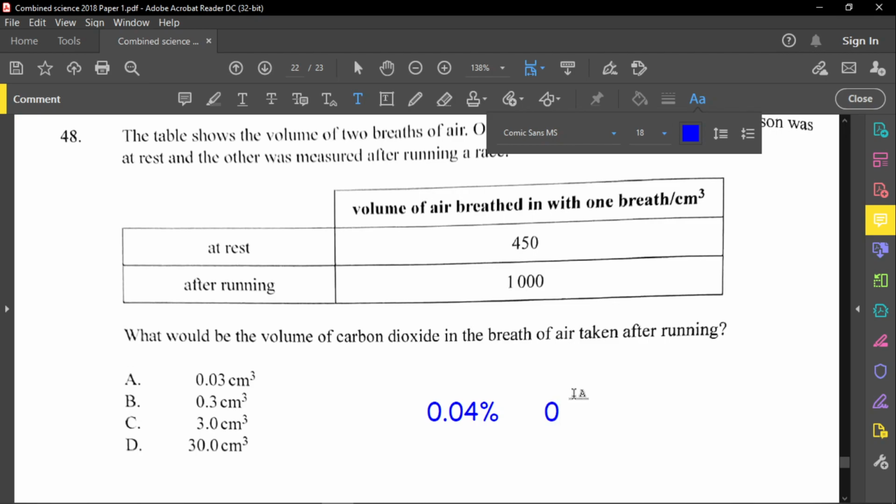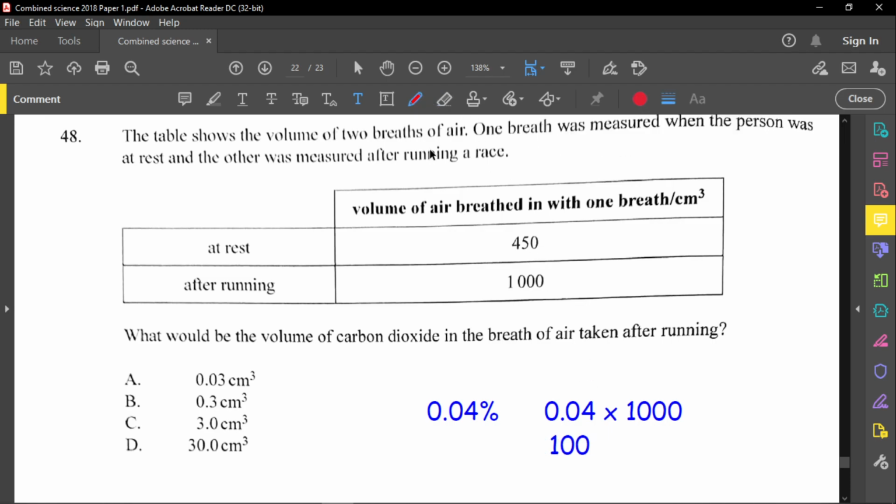Let me give you the answer right here. 0.04, which is the percentage changed into a decimal, multiplied by 1,000, and this will be divided by 100. Let's put it right there like that, so you understand exactly what I'm doing here.